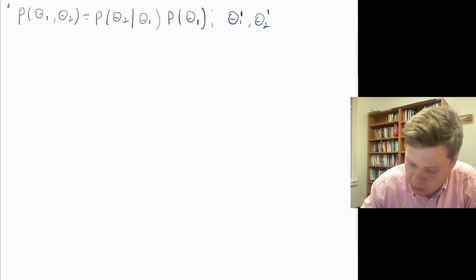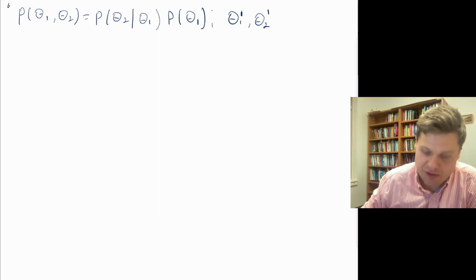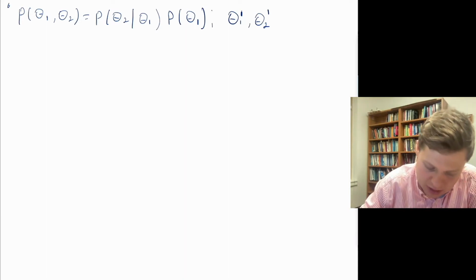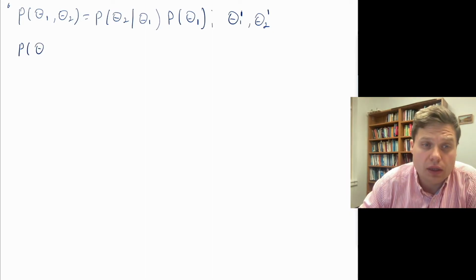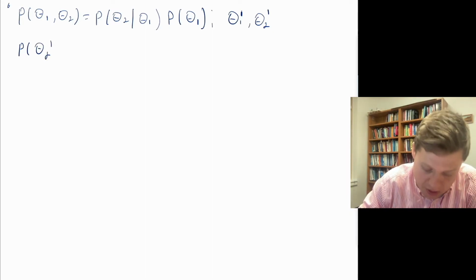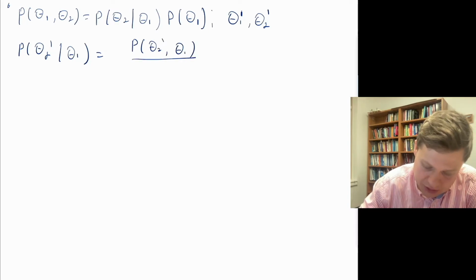And we're going to introduce now theta 2 as a dummy variable, and we're going to write down P of theta 2 prime given theta 1. And it's just a joint over theta 2 prime and theta 1 divided by the marginal over theta 1.